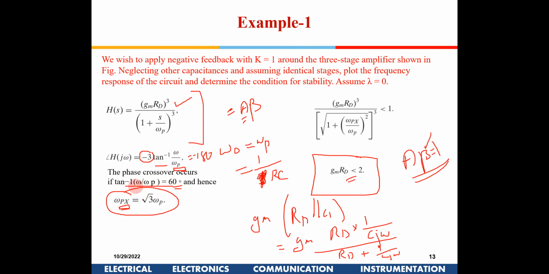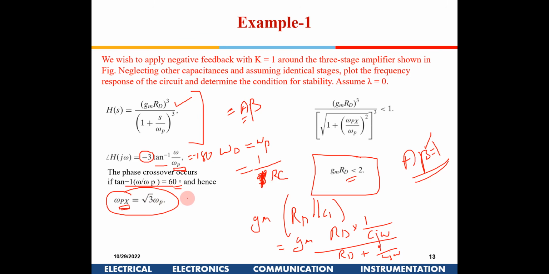No, no. Did you get this equation? Tan inverse omega by omega p is equal to 60. So omega by omega p will be tan 60, right? Tan 60 is root 3. So omega will be root 3 omega p. We are simplifying only for this.